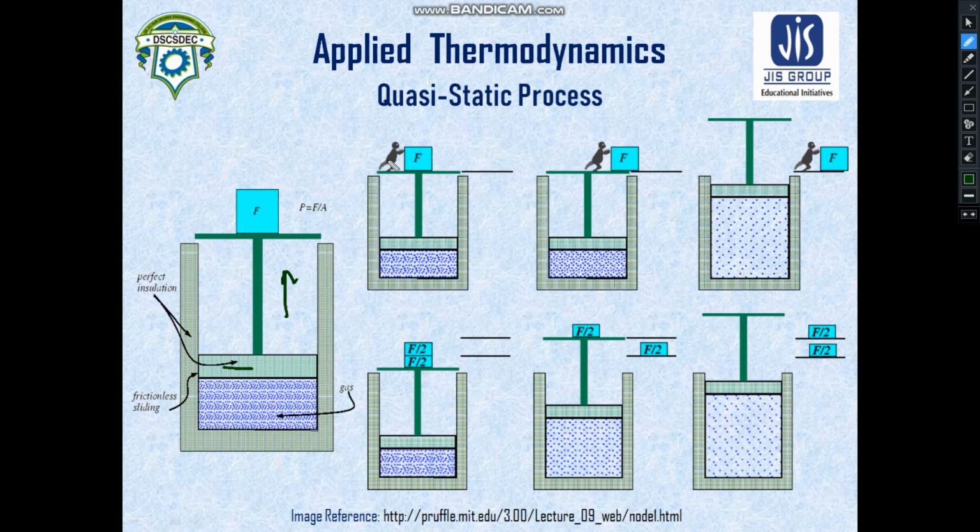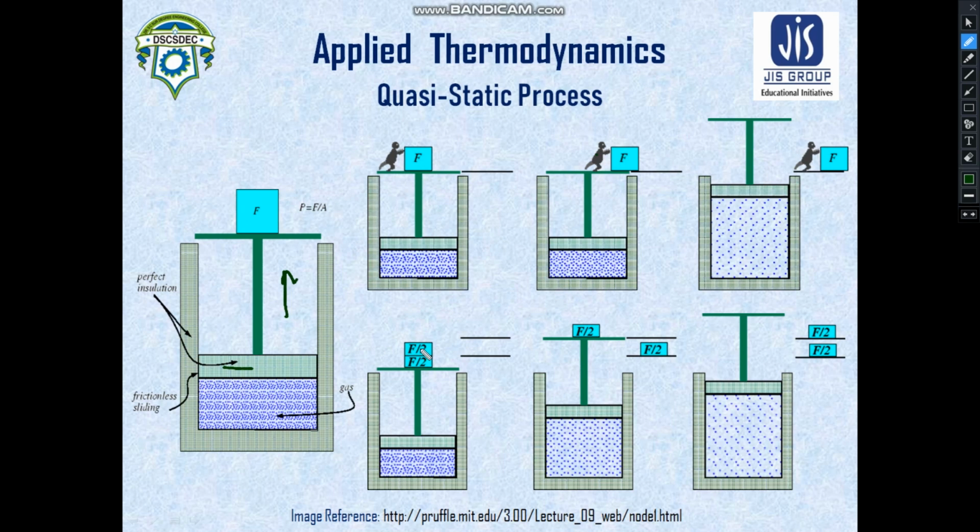Now, let us assume this child is trying to remove this weight. If he removes the weight, then by the effect of the gas pressure, the piston will move in the forward direction, as shown in the diagram. Now, what happens if we divide this weight into two?